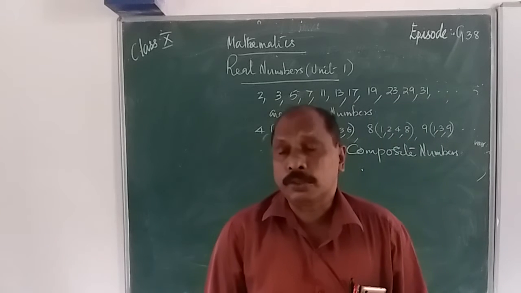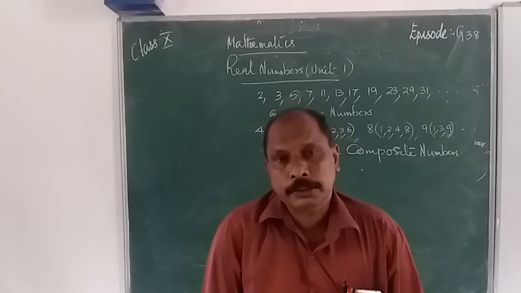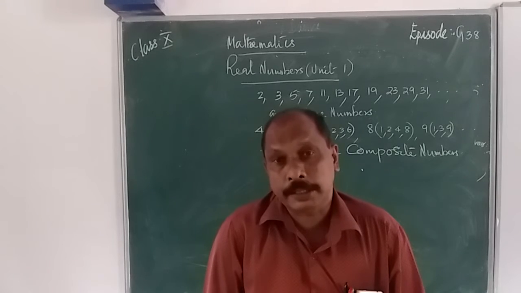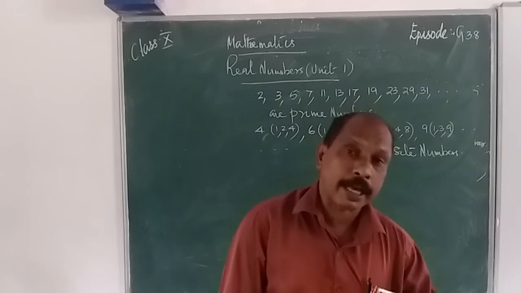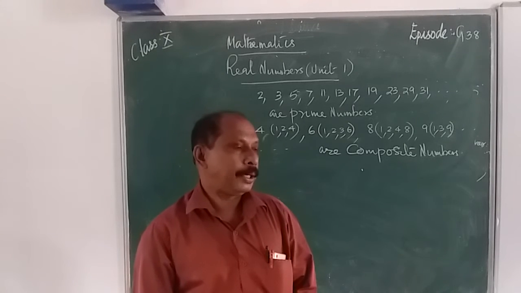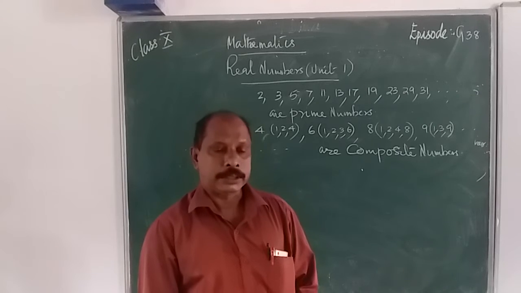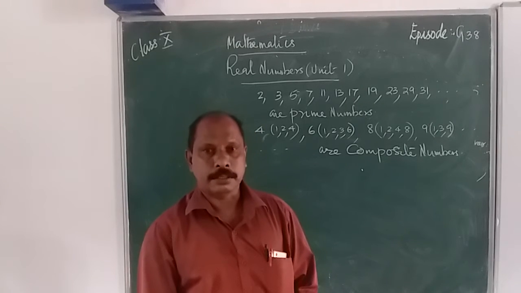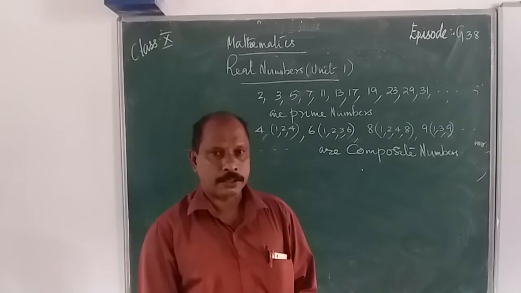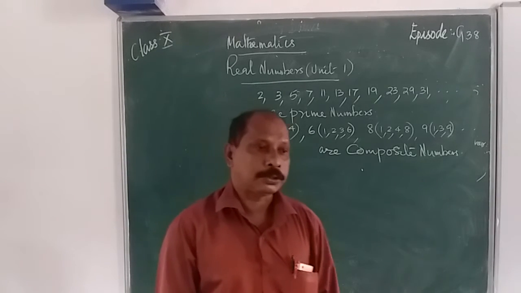Any number with only 1 and itself as factors is a prime number. All numbers other than prime numbers are composite numbers. For example, 4, 6, 8, 9, 10, 12, 14, etc. are composite numbers.